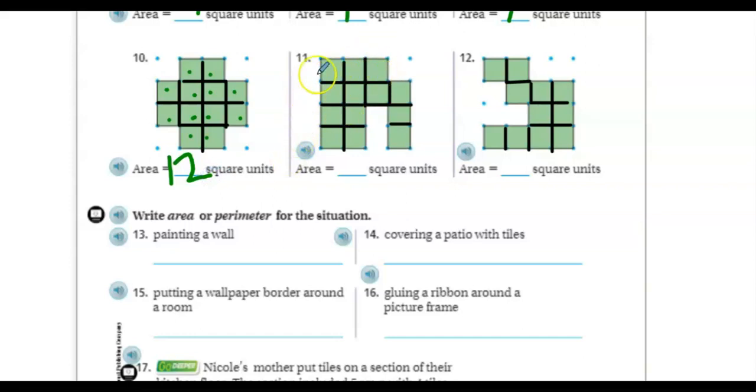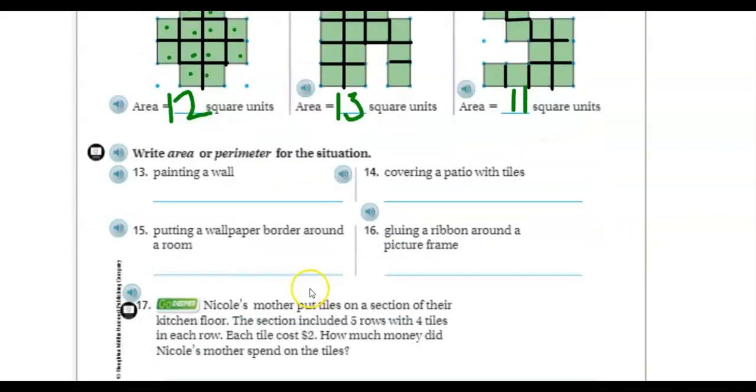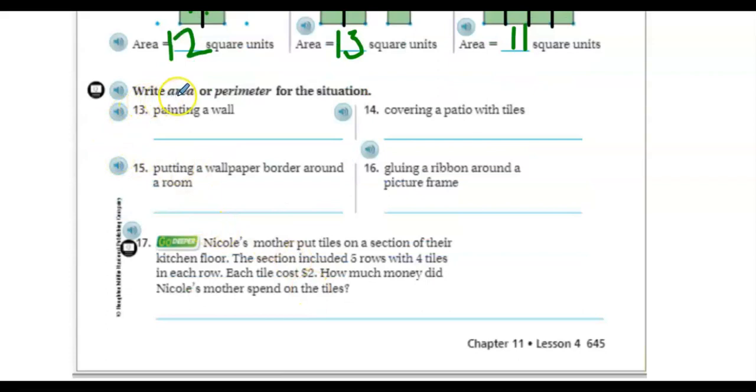Looking over here, 1, 2, 3, 4, 5, 6, 7, 8, 9, 10, 11, 12, 13. 13 square units. 1, 2, 3, 4, 5, 6, 7, 8, 9, 10, 11. 11 square units.